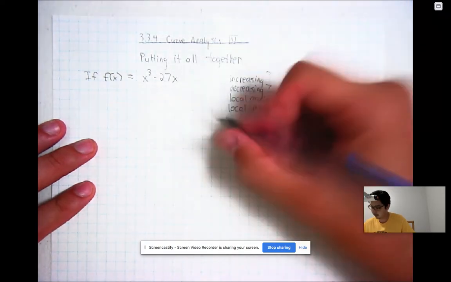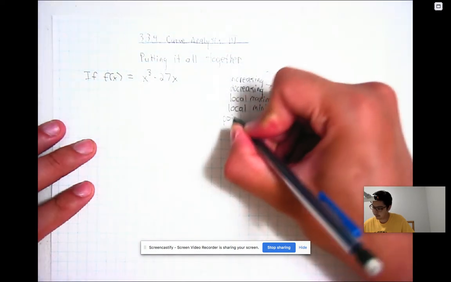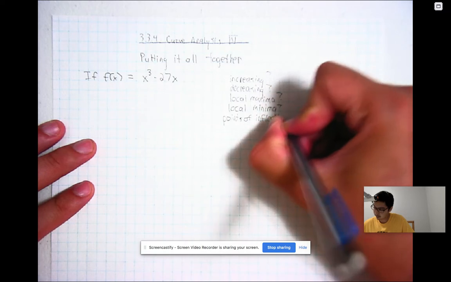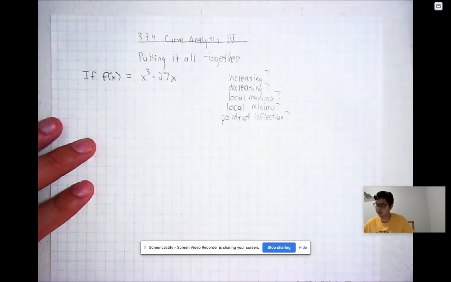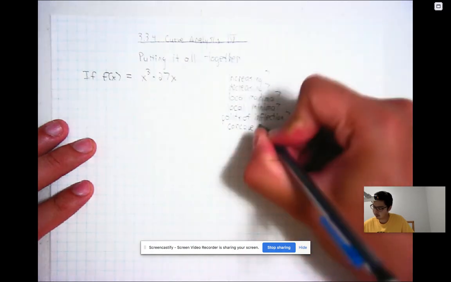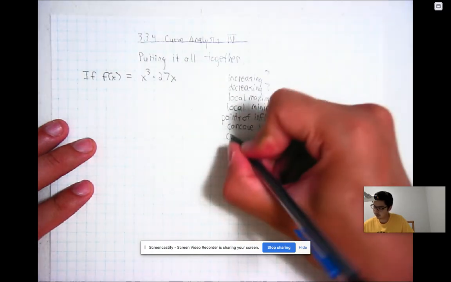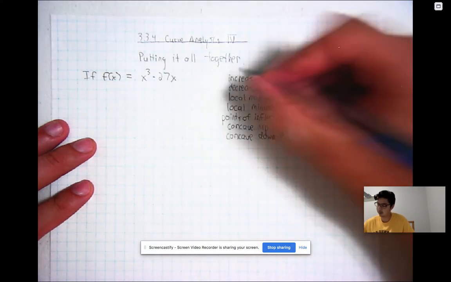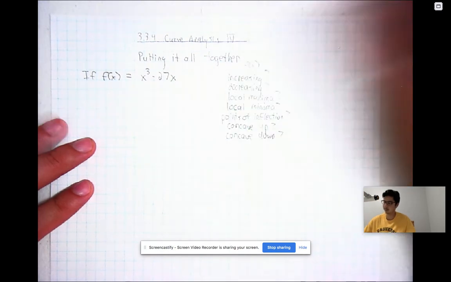Let's see if there are any points of inflection, and let's do any concavity. So when is it concave up and when is it concave down? Quite a bit we want to understand about f of x.